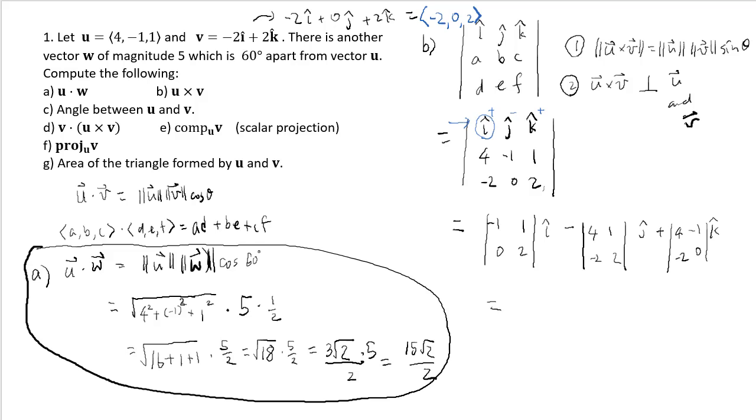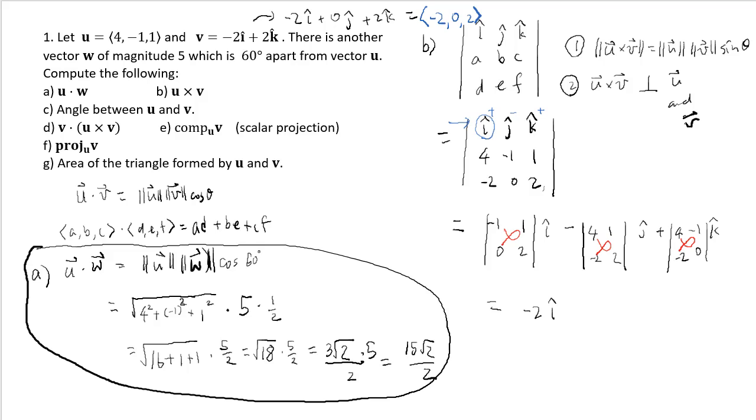And then these are computed as AD minus BC, so you do this, right? The first one, if I do AD, negative 1 times 2 is negative 2. Minus BC, 1 times 0, that's 0. So negative 2 minus 0, you get negative 2. 4 times 2 is 8. 1 times negative 2 is negative 2. 8 minus negative 2 is positive 10.